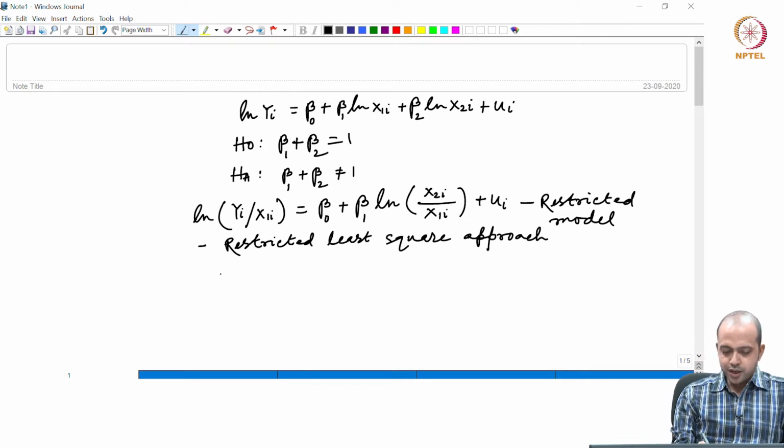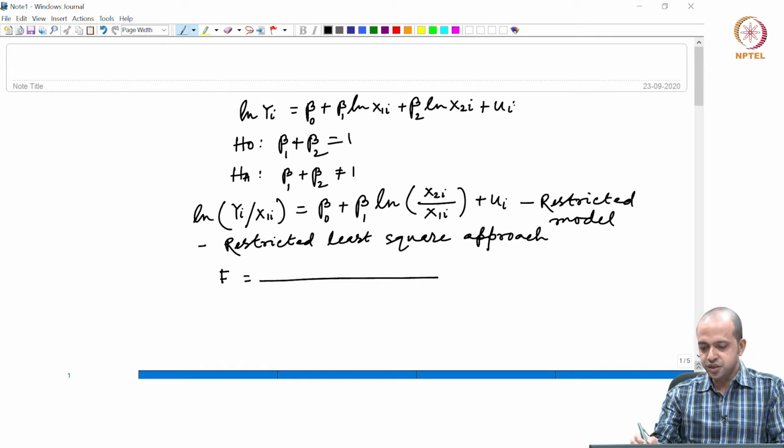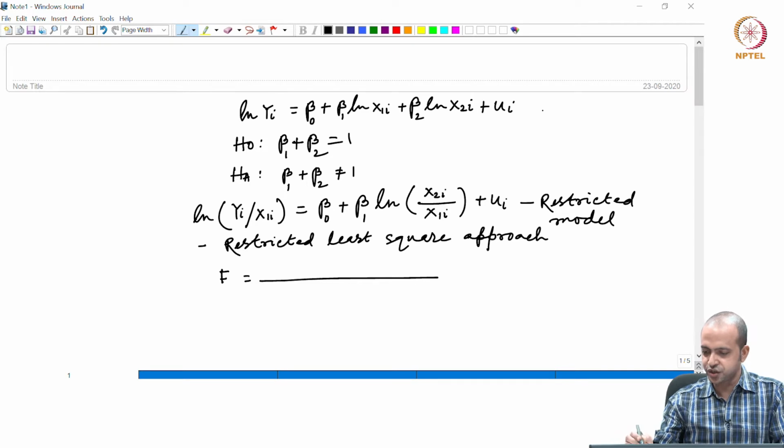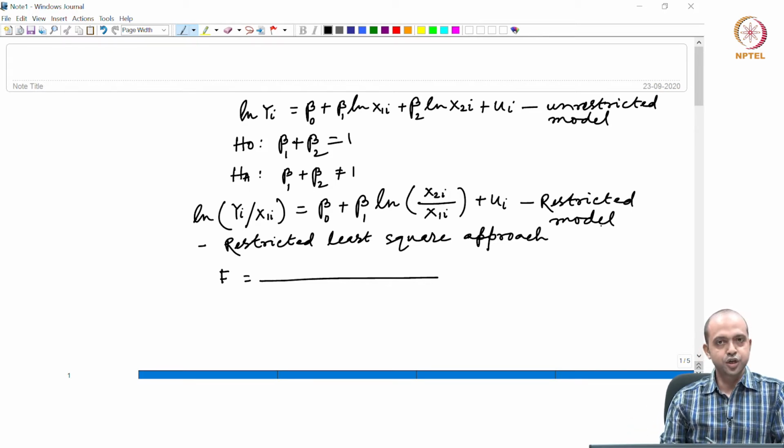And the F statistic that we are constructing: this is the unrestricted version, and this is the restricted model. So, we will estimate both the unrestricted and restricted models, and then we will collect the RSS, residual sum of squares, from both models.